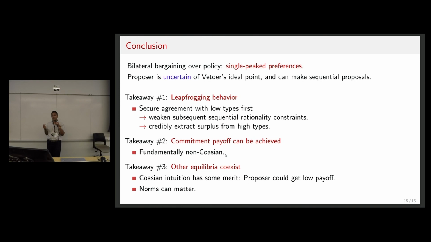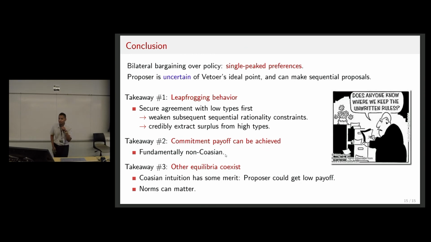The second is a fundamentally non-Coasian result that the commitment payoff can indeed be achieved. The third takeaway is that other equilibria coexist. In fact, there exists also, under some conditions, a Coasian equilibrium in which the proposer obtains a low payoff, and hence this suggests that norms can matter in legislative organizations and institutions, which is something the political economy literature is also interested in. OK, that's all I have.